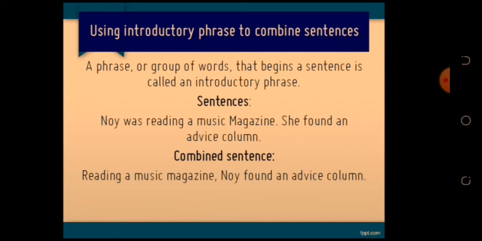Sentences: Noi was reading a music magazine. She found an advice column. Now, for the introductory phrase, we have "Reading a music magazine, Noi found an advice column." Now, we can have another example, like "going to school."